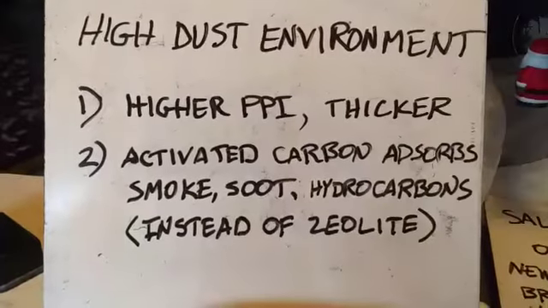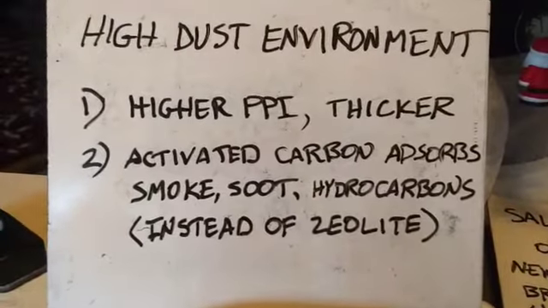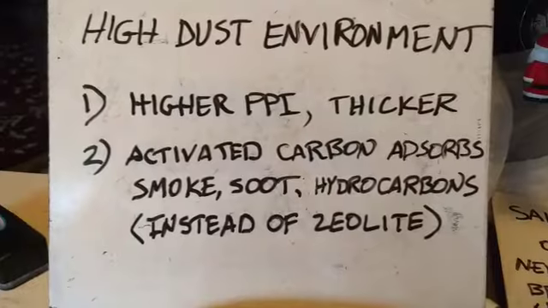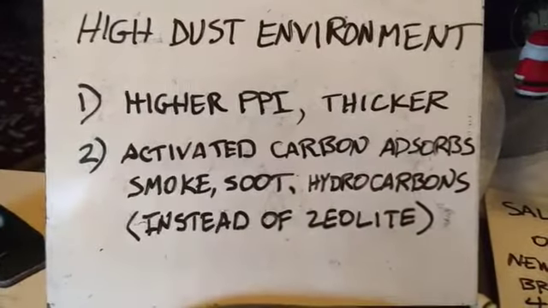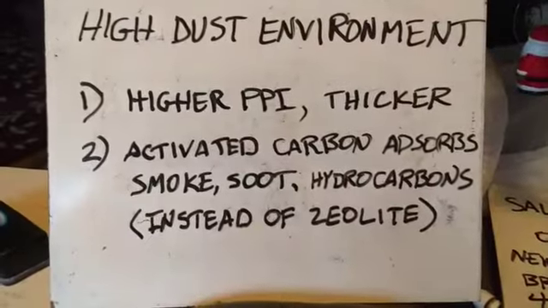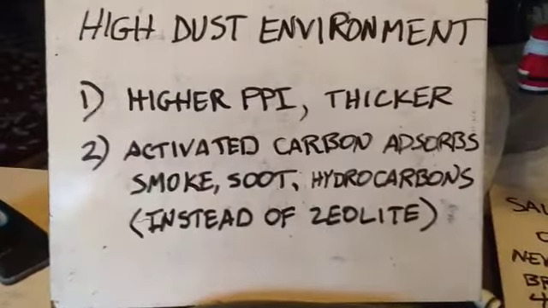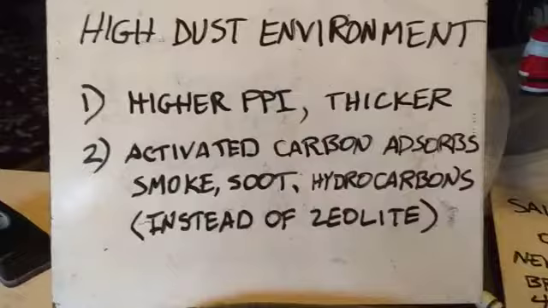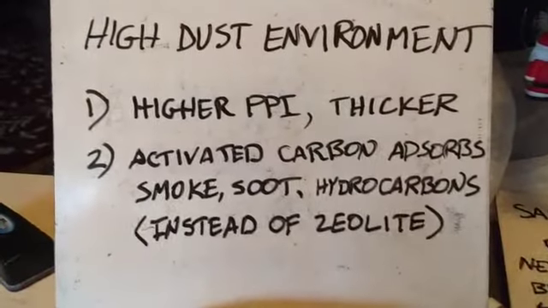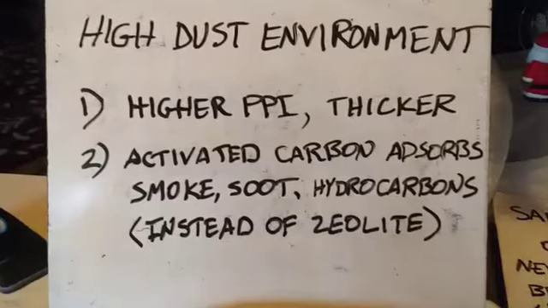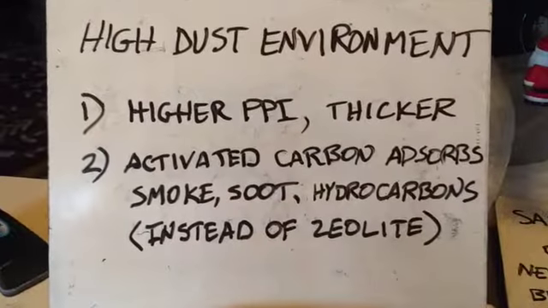If we use an activated carbon filter, that can actually absorb smoke, soot, hydrocarbons, and much smaller contaminants that could get through the HEPA filter and instead contaminate the zeolite. So, how do we test this?